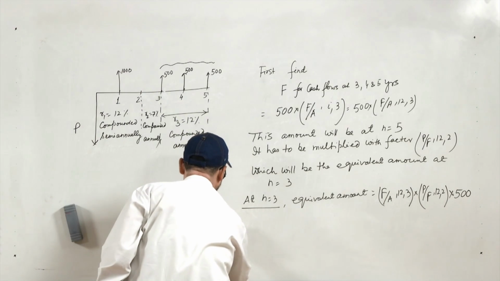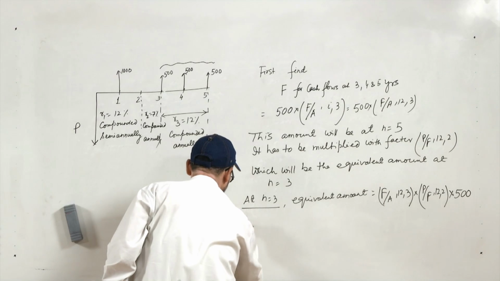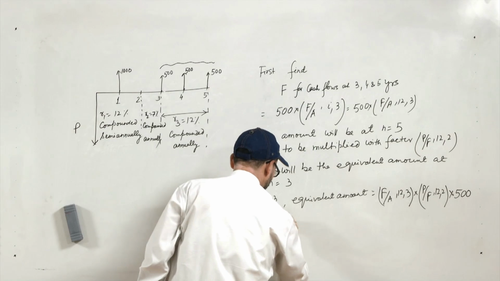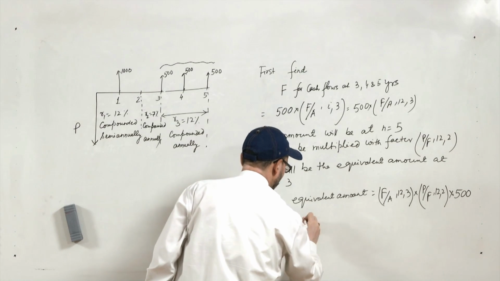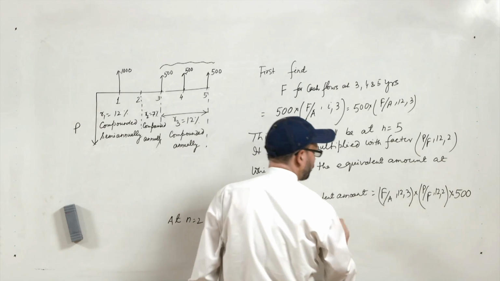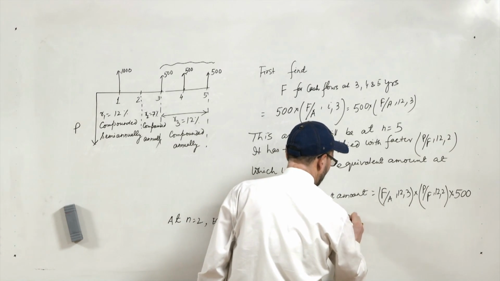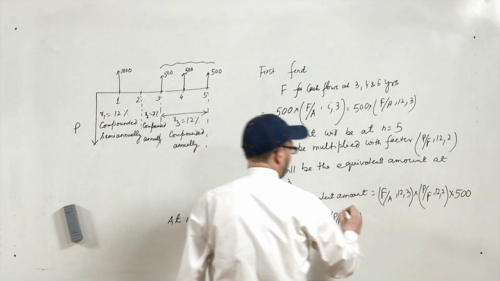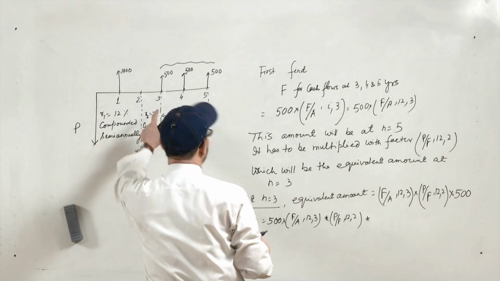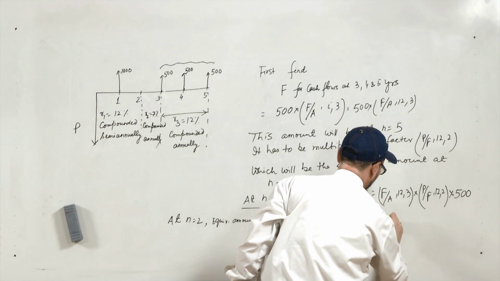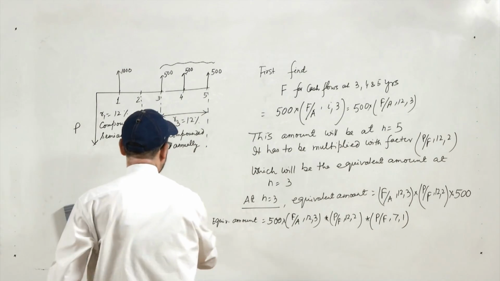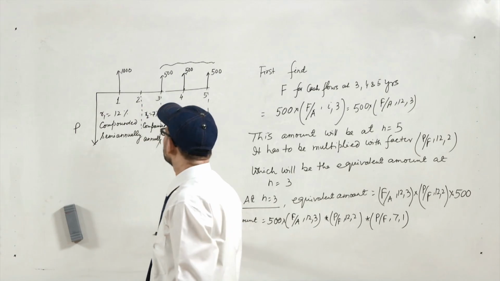So, at n equal to 2, the equivalent amount is found by 500 multiplied by F by A 12,3 multiplied by P by F 12,2, further multiplied by P by F 7,1. So, this is the equivalent amount at n equal to 2.